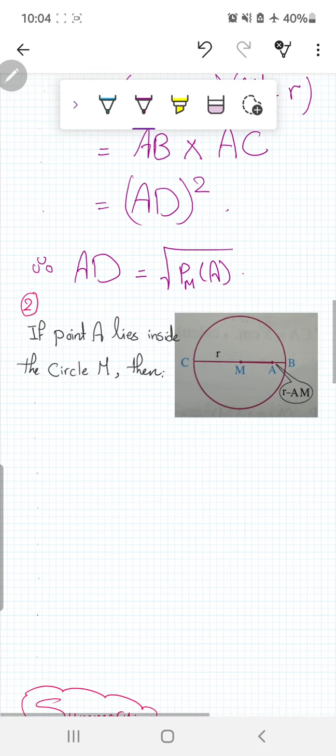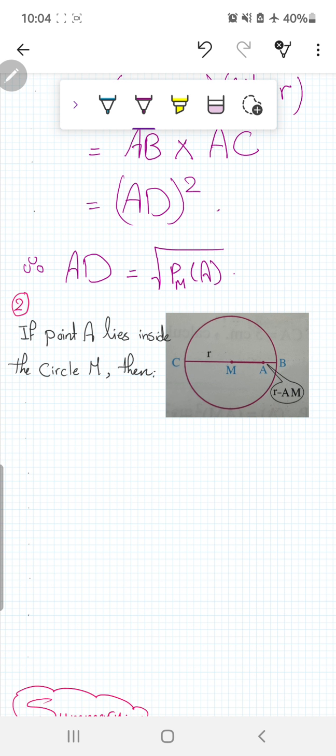Okay, number 1 was when A lies outside the circle. Number 2, if A lies inside the circle, we get, as we said, the power of point A equals AM squared minus R squared.